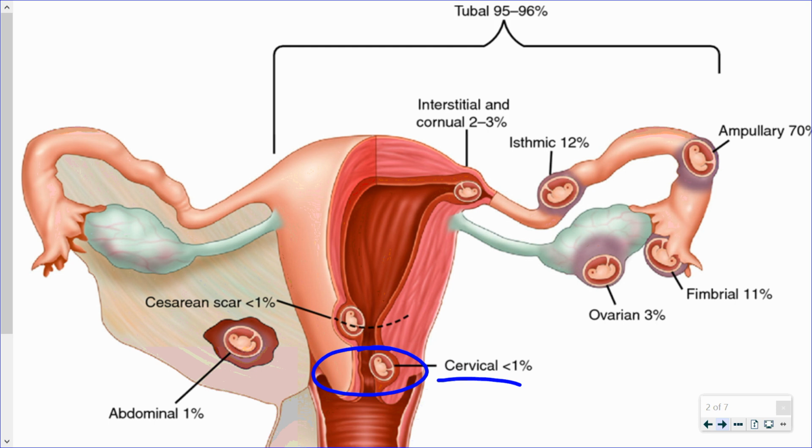And if there is a cervical ectopic pregnancy, that could result in the placenta coming out before the baby. The placenta usually comes out after, and that's why it's called the afterbirth. So that can present a little bit of a problem if that is the lifeline for the baby, and if it is delivered before the baby actually comes out.